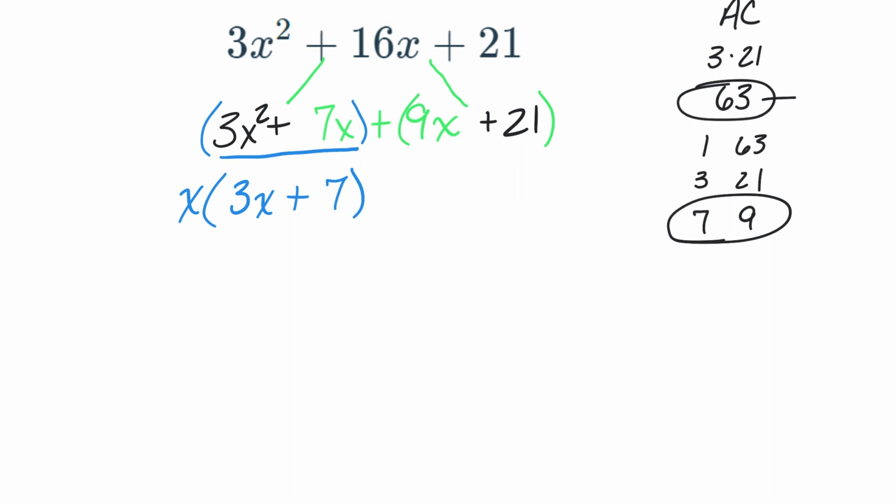Now when we look at this, just like I told you when we did factoring by grouping, this is a huge clue to what we should see on the other side, because either it's going to match up with a 3x plus 7 or it's not factorable. So let's think about this. What turns a 9x into a 3x? That would be factoring out a 3. So I look over at the 21 and I see this 3 going into 21. Of course it does.